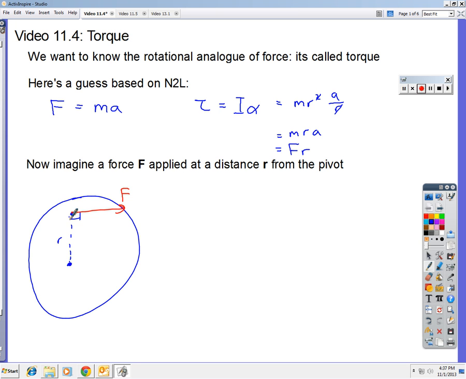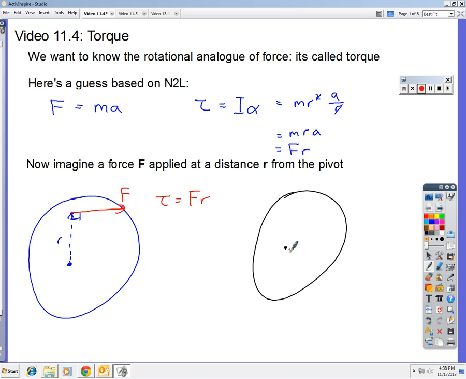Also notice that the line drawn between the pivot and the point of application is perpendicular to the force. Now we'll find in this case that the torque, the rotational force that this exerts about that pivot, is in fact F times r.